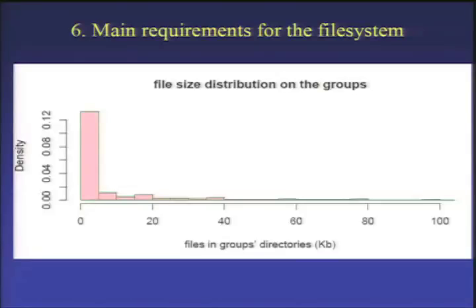And here I have 2 histograms of the distribution of the size of this file system. The file system is divided into 2 big sections. In the first section, I have files for the groups, a pool of users, researchers.